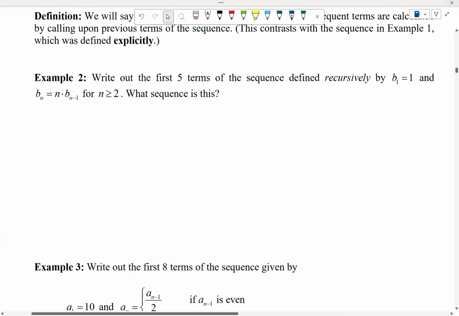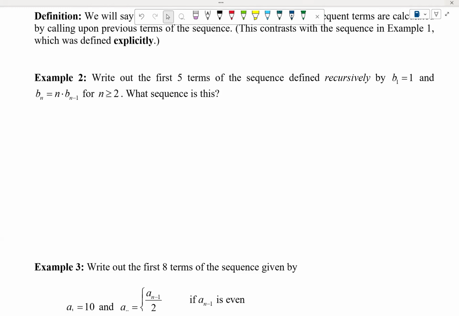So here's an example of a recursive sequence. In this case, it's b sub 1, so the first term is 1. What does this say? This is saying that to get a particular term, all you have to do is multiply n by the previous term.